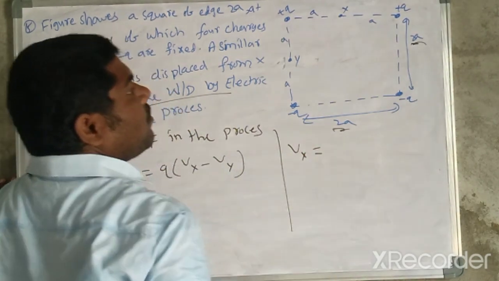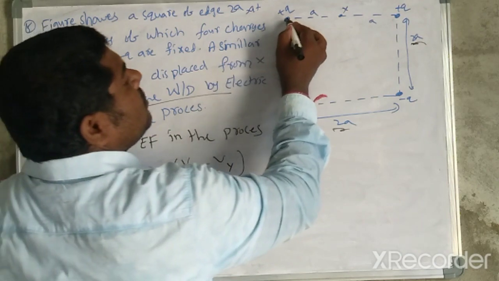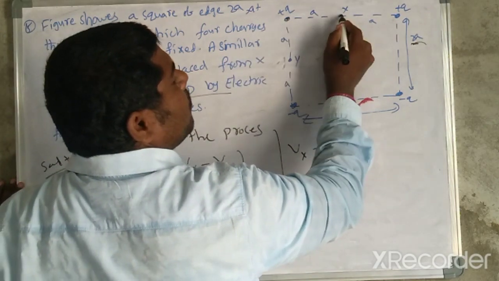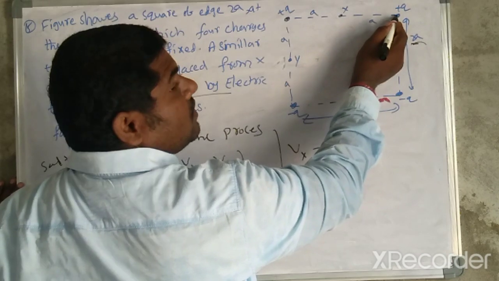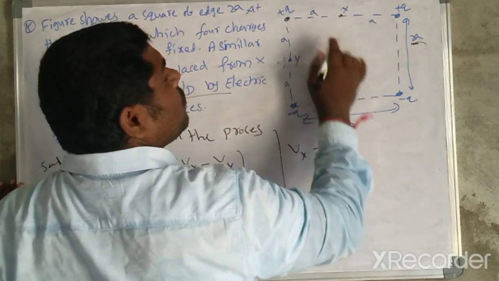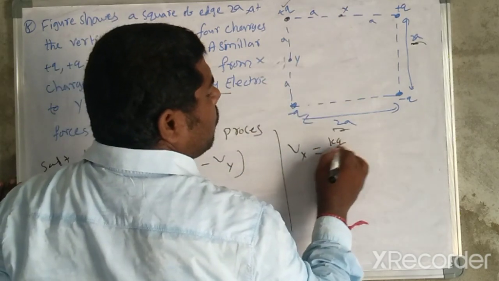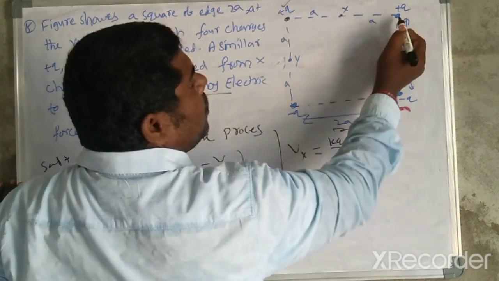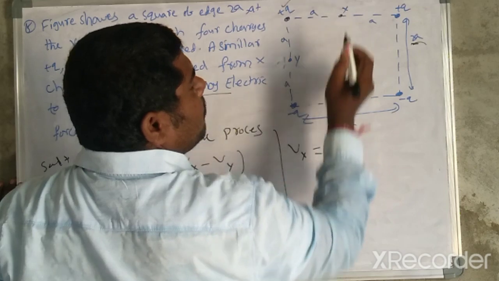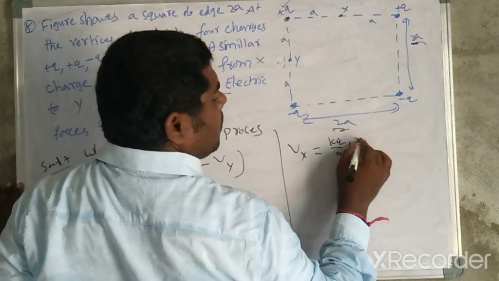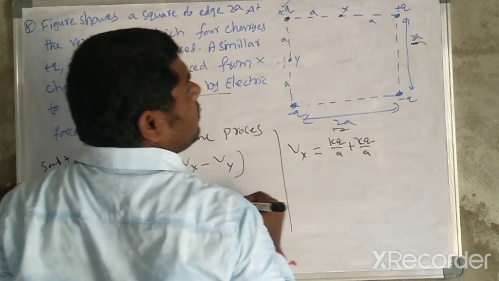So Vx: due to this charge, here the potential is kq by a. Due to this one also, the potential at x is plus kq by a.